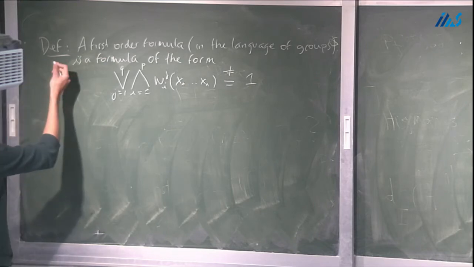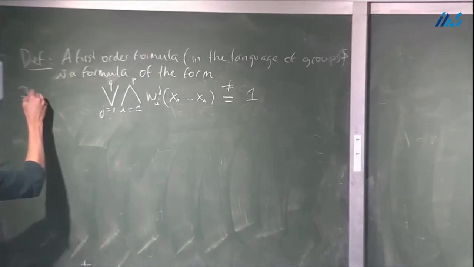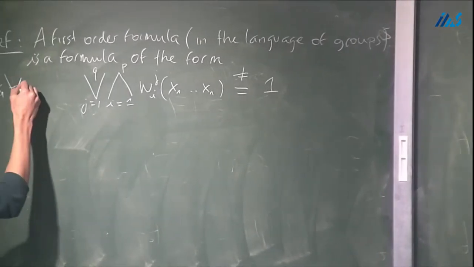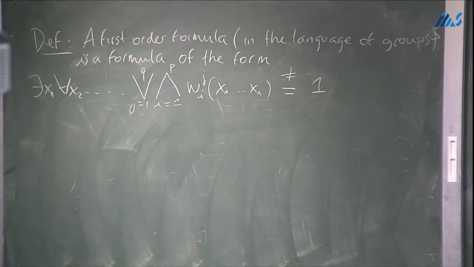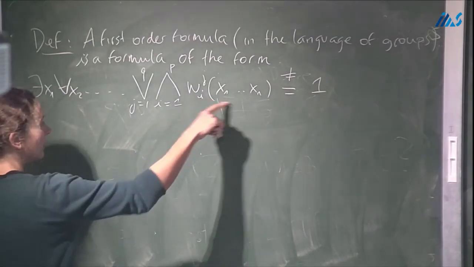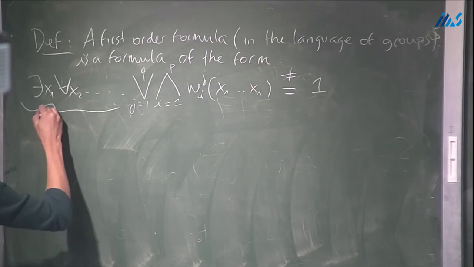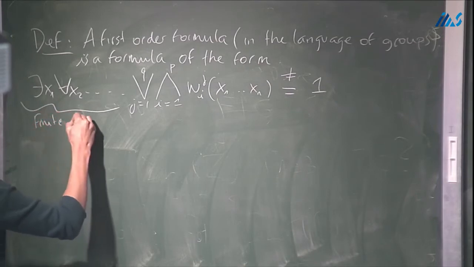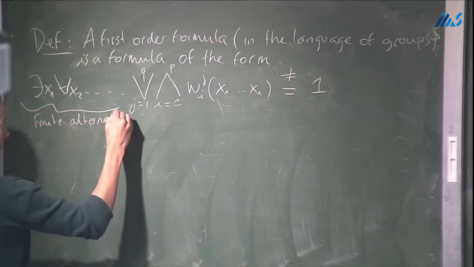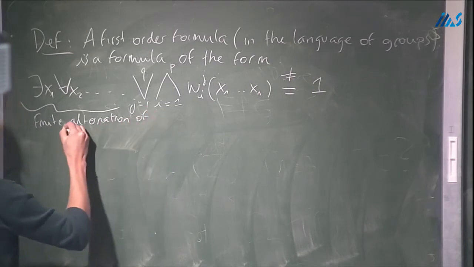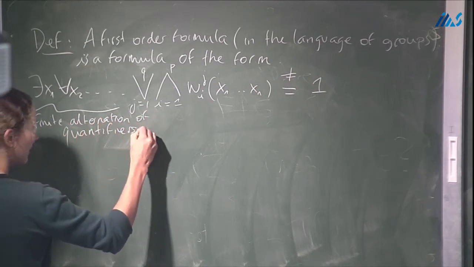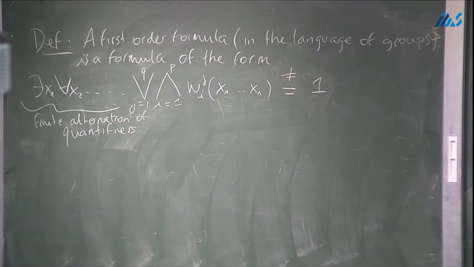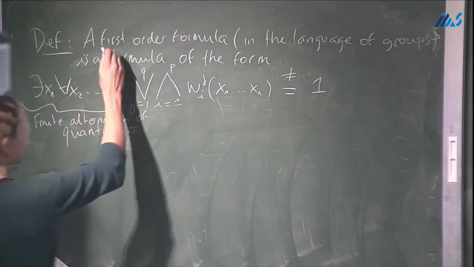So you will have here a sequence of quantifiers, for example, exists x1 such that for all x2 and so on, just a finite alternation of quantifiers on the variables that you see here. So that's the most general form of first-order formula in the language of groups.